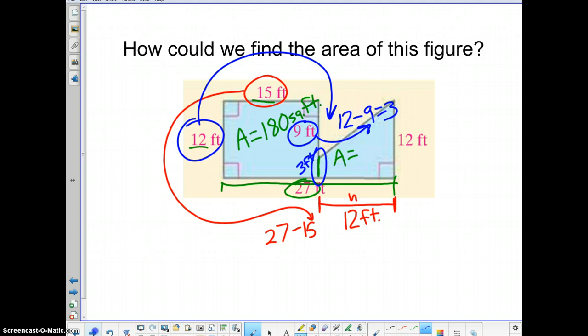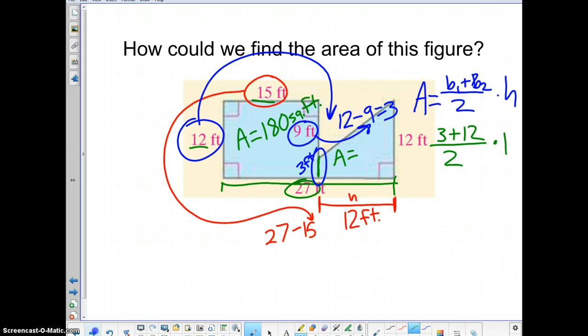Okay, so remembering our formula for the area of a trapezoid is going to be base 1 plus base 2, divided by 2, multiplied by the height. So in this specific case, we're going to have 3 plus 12 over 2 times the height, which is 12 as well. Don't be confused that one of the bases is 12 and the height is 12 as well.